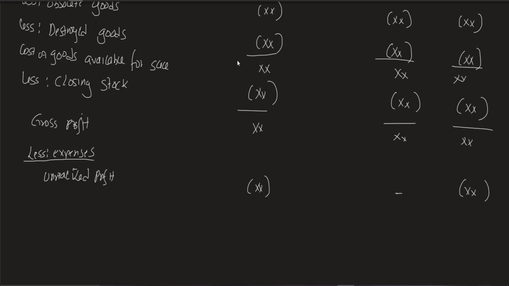So from there we have administrative expenses. And then from there we have distribution costs.